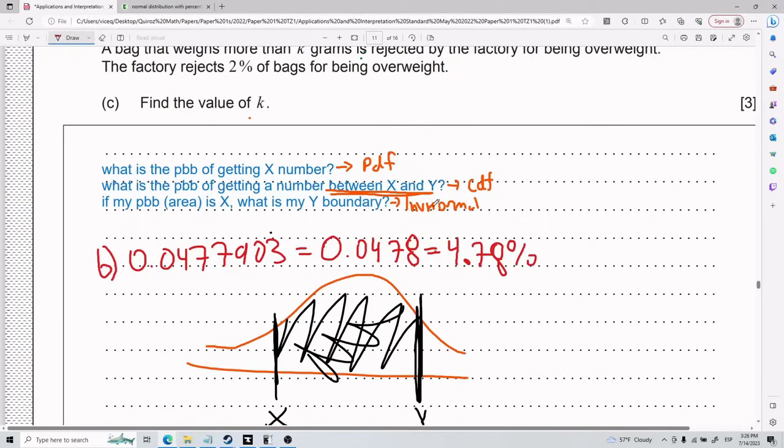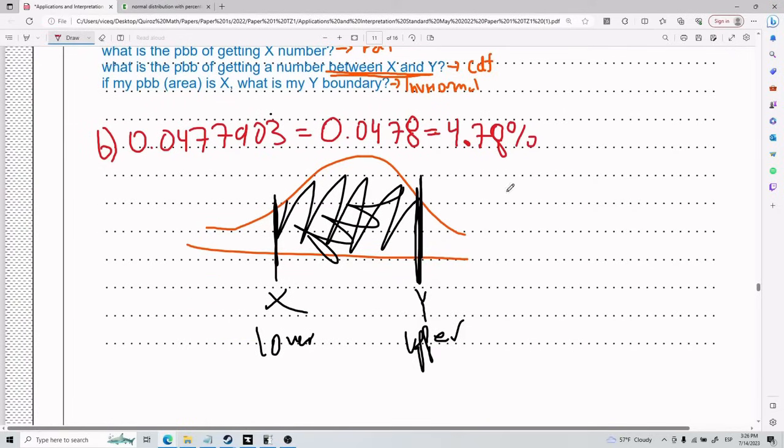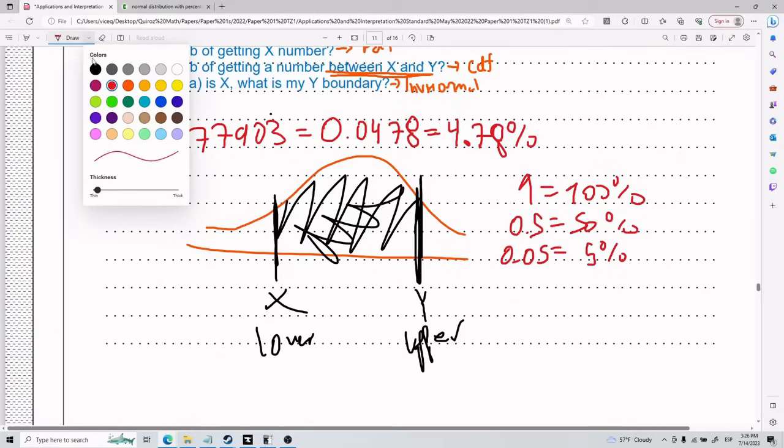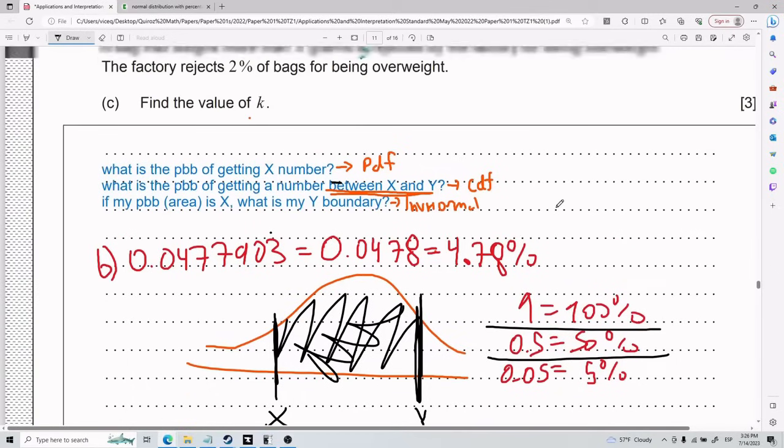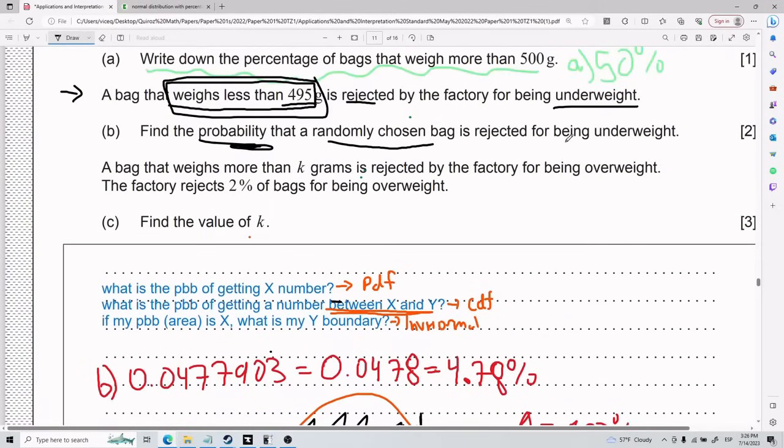If you're not sure how I did this jump, remember this: 1 is 100%, 0.5 is 50%, 0.05 is 5%. As long as you remember those three examples, you can figure out virtually any percent. The big trick is multiplying or dividing by 100. Well, that is for part B.